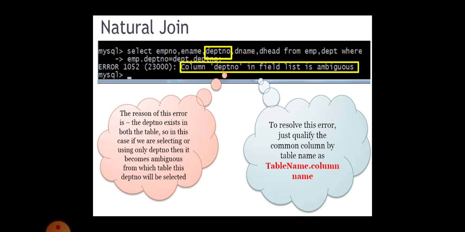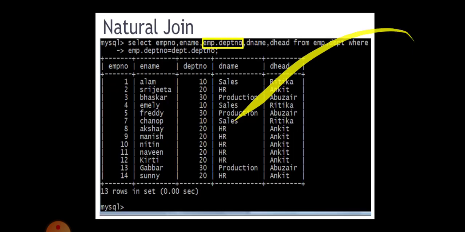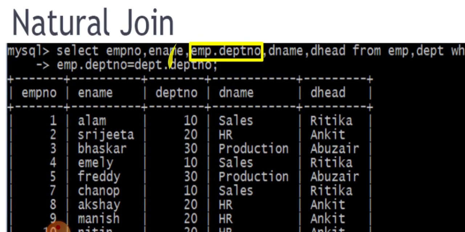My dear children, how to resolve this error? To resolve this error, just qualify the common column name by giving the table name. The table name dot column name, that is, the common column name. This error will be rectified in the given example. Look at the example.